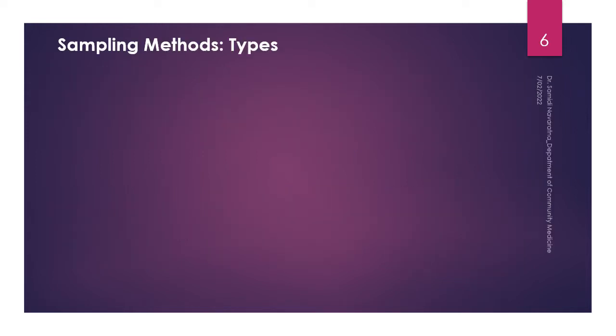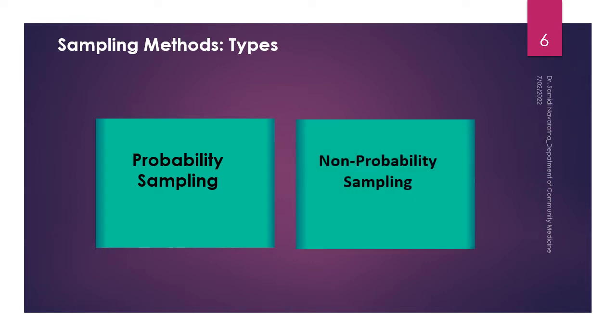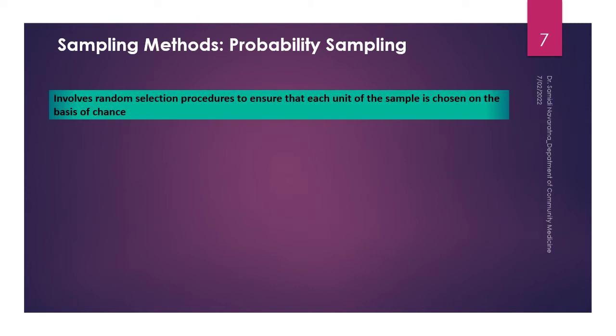Moving on to the sampling methods. There are two types of sampling methods. First one is probability sampling. The other one is non-probability sampling. So what is probability sampling? Let's see. Probability sampling involves random selection procedures to ensure that each unit of the sample is chosen on the basis of chance.